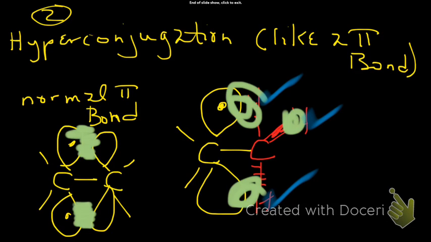So let's look at the tertiary carbon radical. So what does that look like? I'm going to draw the carbon radical first. So there's the radical. And if it's a tertiary carbon, let me change my colors.